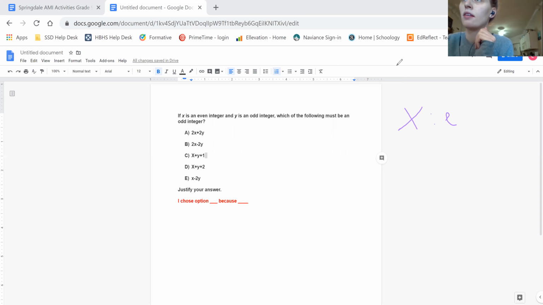So now remember, integers are all of our counting numbers, so like 1, 2, 3, and so on. Those are called natural numbers, plus 0.